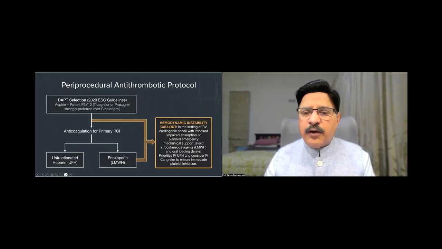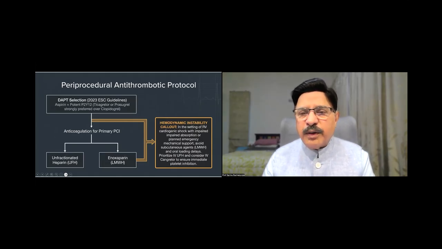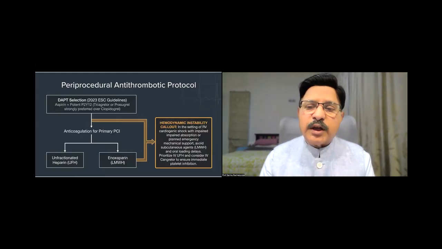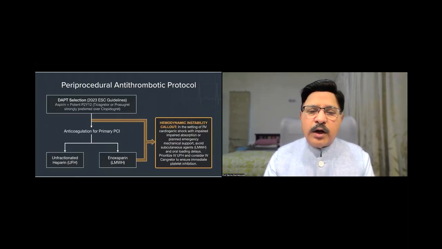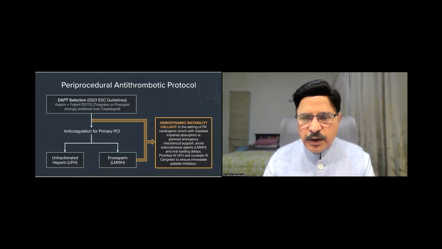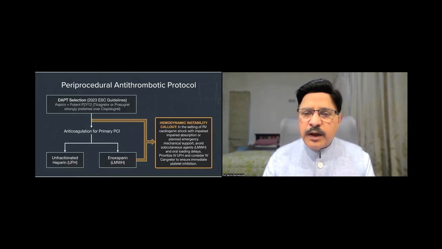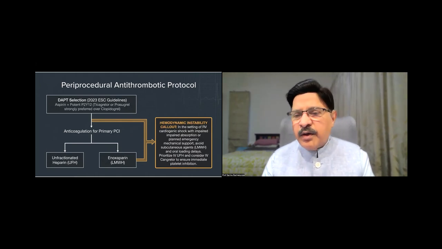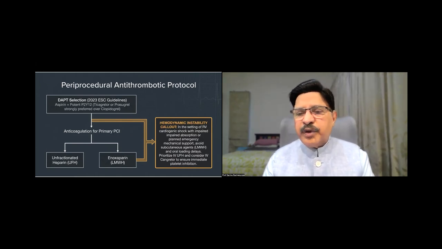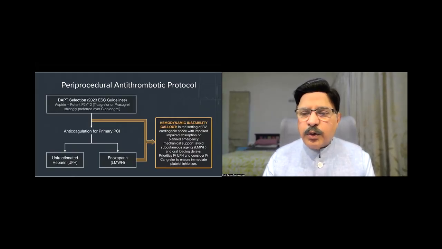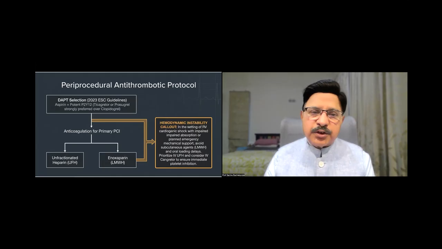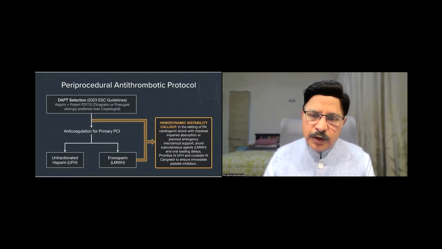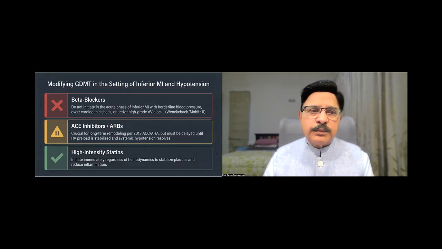Prioritize IV unfractionated heparin and consider IV cangrelor to ensure immediate platelet inhibition. If there is hemodynamic instability, I don't depend upon a subcutaneous drug like low molecular weight heparin. Instead, I give IV unfractionated conventional heparin 5,000 units, to be repeated, and consider cangrelor to ensure immediate platelet inhibition. This is in a patient with RV infarct and RV cardiogenic shock.